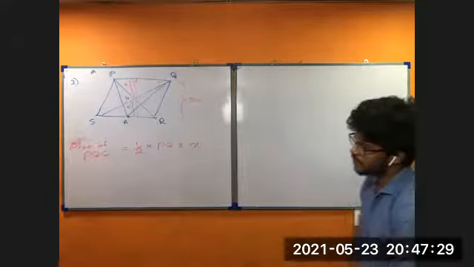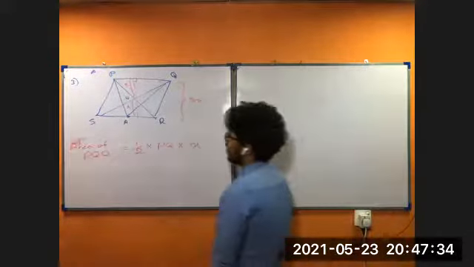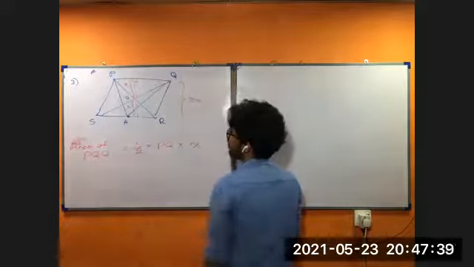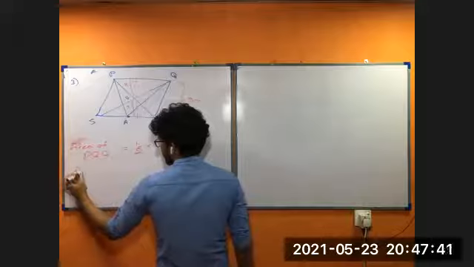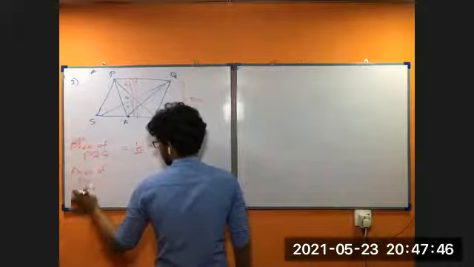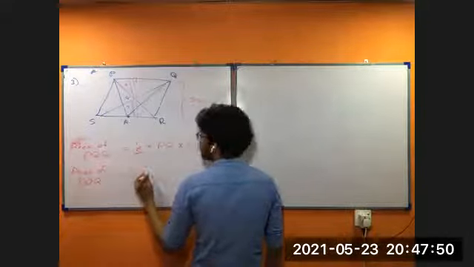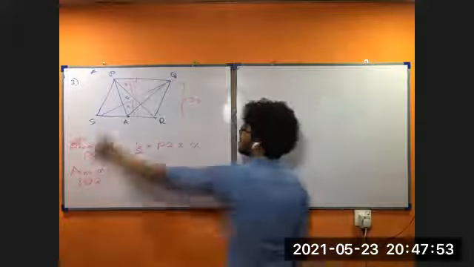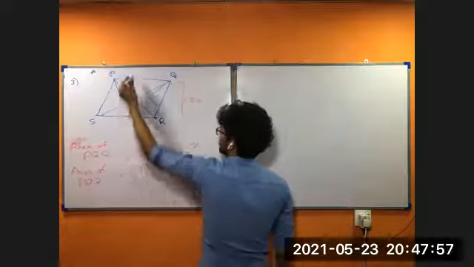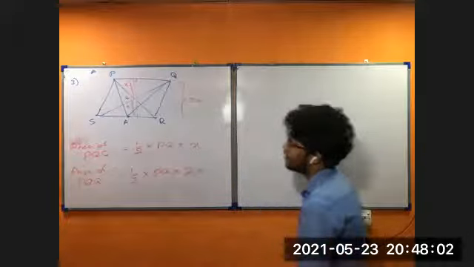That is the area of triangle PQO. Then area of triangle PAQ is going to be what? Half into base, base is again PQ, into full length, perpendicular height is 2x, right?